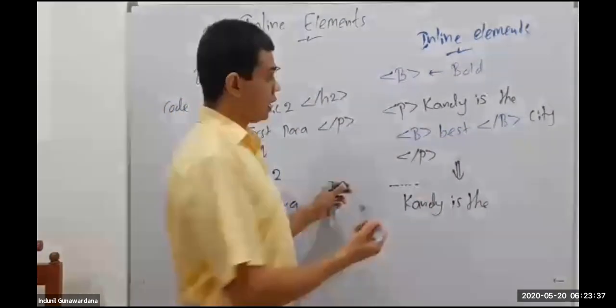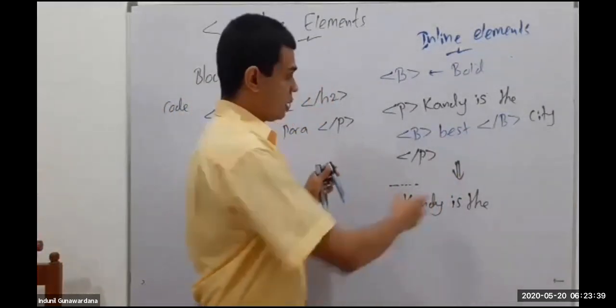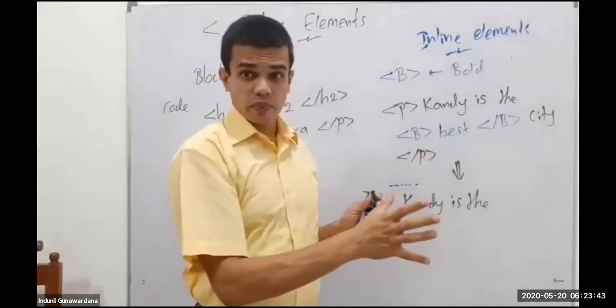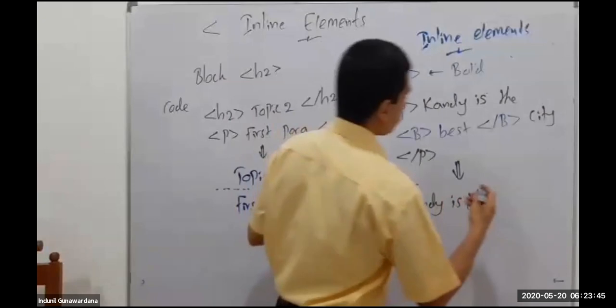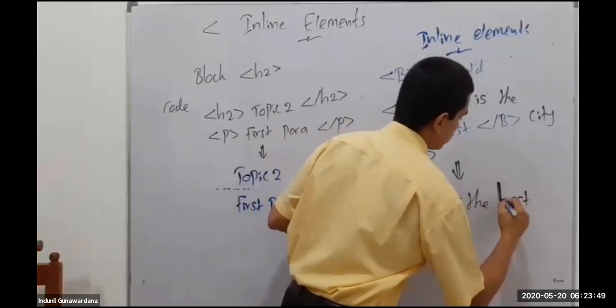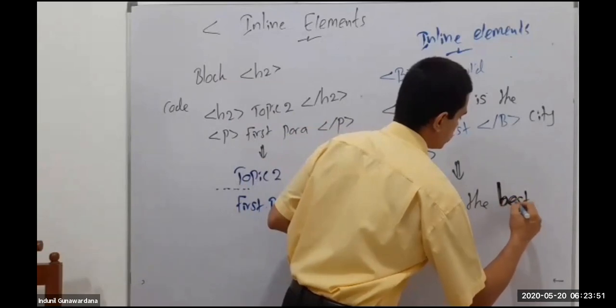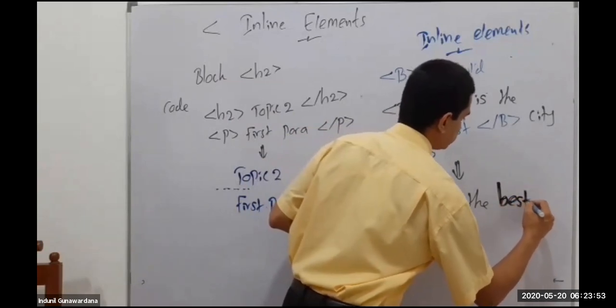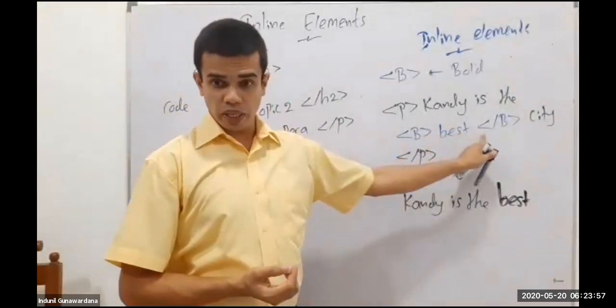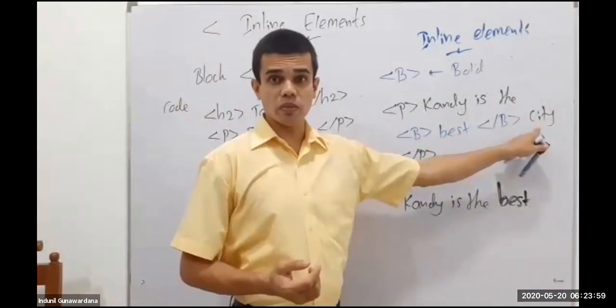Then the word best, but it won't appear as it is. It is with the bolding. Then we are going to have the word best here, that is with a dark line. I can't draw that on the board here, but I'll show you some demonstration as well as you can try them. It's bold. And the bolding is over from here, whereas the city word comes.